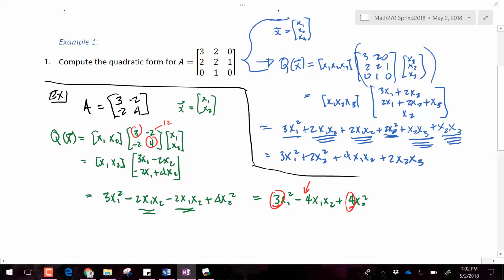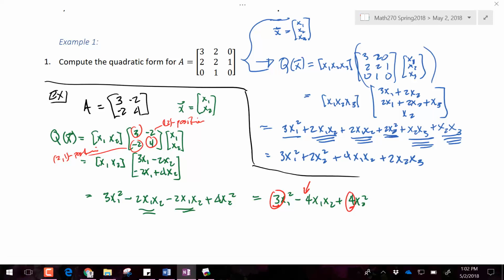that this is the 1, 2 position, the first row and second column position, and then this is the 2, 1 position, the second row, first column position.